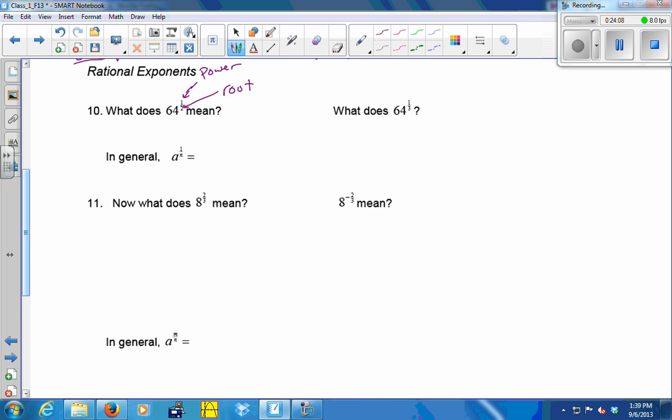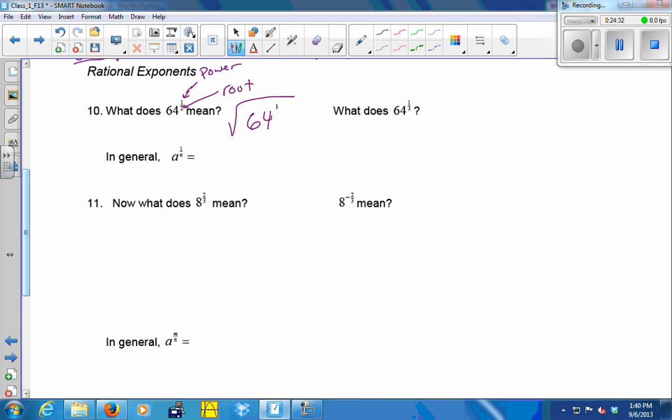If you live on a farm, you know what I'm talking about. So roots go in the cellar. So 64 to the 1/2 means 64 to the first, right? So my exponent is the 1, and my root is a 2. So it's the square root of 64. And when I don't put an index here, we assume it's a 2.